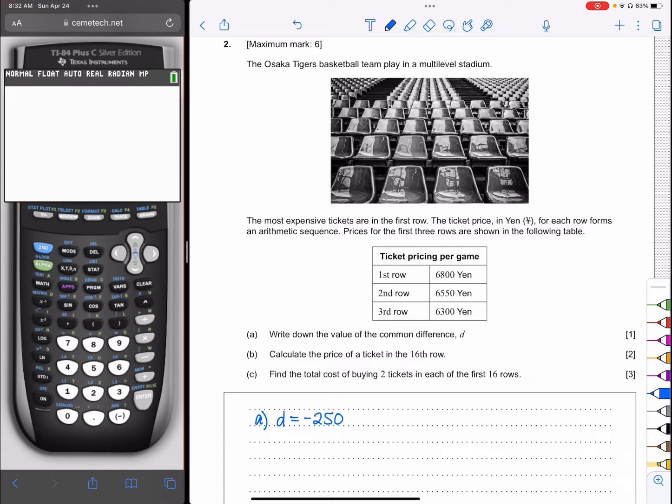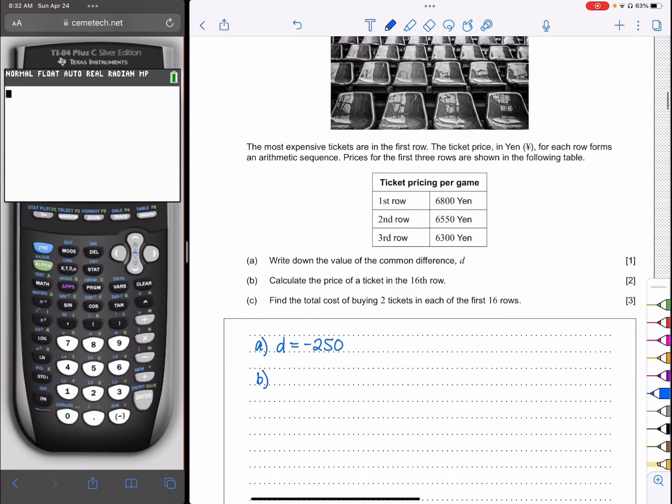All right. So B, it says calculate the price of a ticket in the 16th row. So we're going to use our formula U sub n is equal to U sub 1 plus n minus 1 times the common difference.